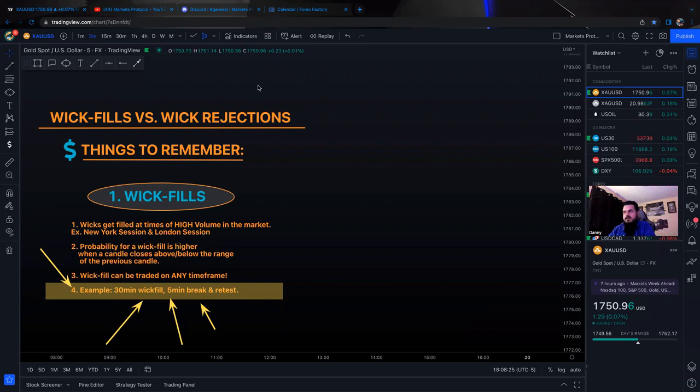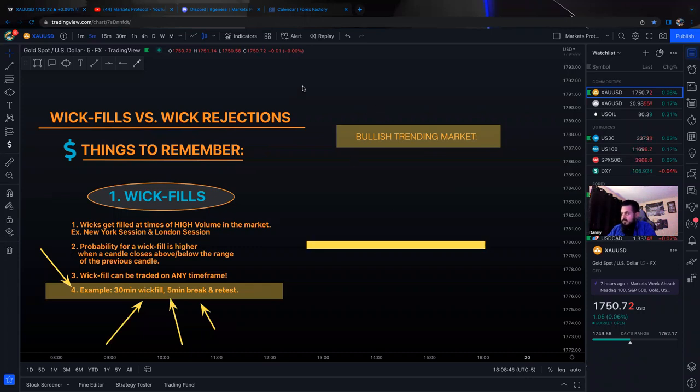So let's draw a bullish example here. Bullish trending market once again. I love drawing bullish examples. Okay, all right. So bullish trending market. Let's say there was a resistance previously right here, which price decided to break above and close above.